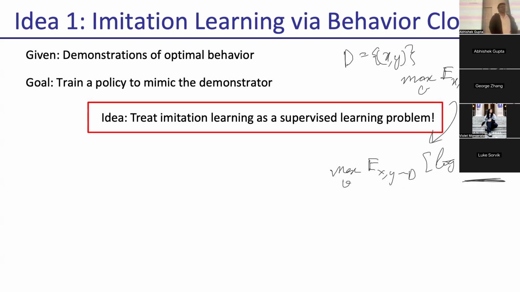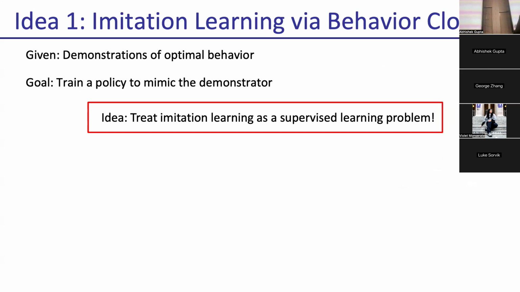In our case, we're going to take all our trajectories from our expert and convert them into state action tuples. We pretend that you had independent state action tuples, and then you try to maximize the likelihood of producing A when you feed in S. That's it.